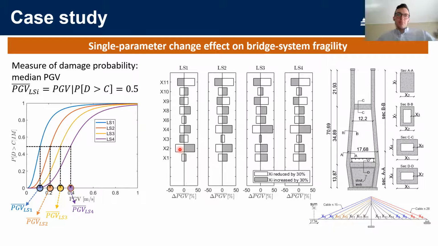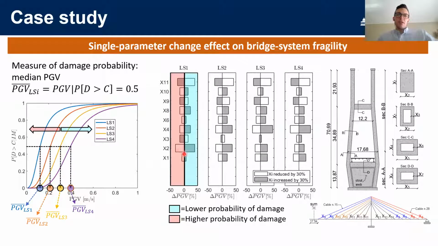The information we get about the probability of damage in the structure is that if the peak ground velocity moves rightward, we are achieving a lower probability of damage for the structure, because the fragility curves move to the right, meaning that for the same level of intensity measure, the probability of damage will be lower. On the other hand, if we move leftward, we will have a higher probability of damage.